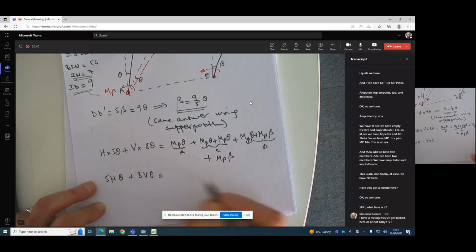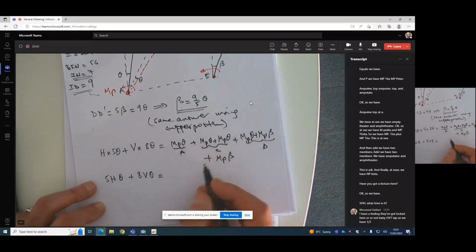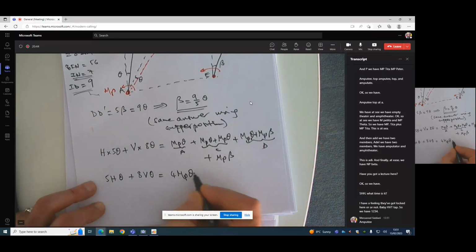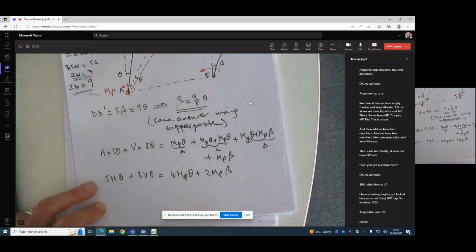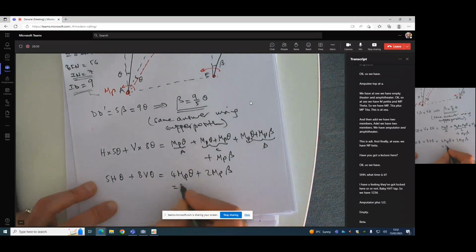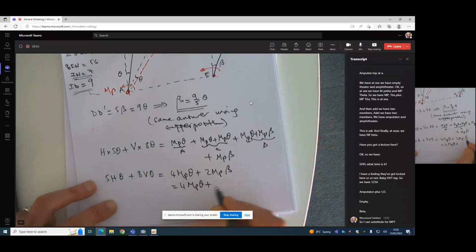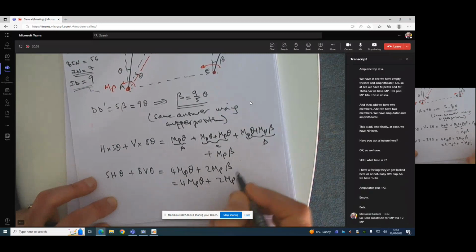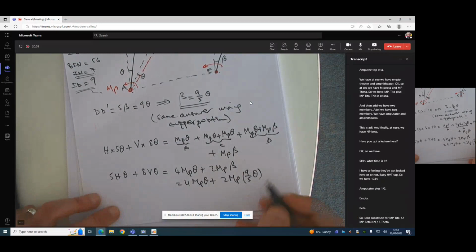8V theta. So we have 1, 2, 3, 4 MP theta plus 1, 2 MP beta. So I can substitute for MP theta plus 2 MP beta is 9/5 theta. Now I can simplify the theta.